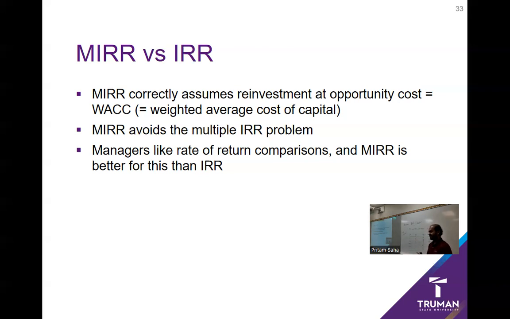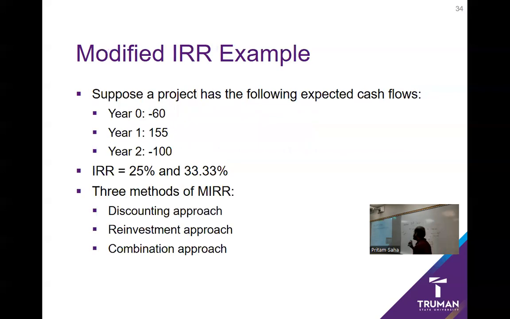In the three different approaches, the modified IRR is a little bit different, not much, right? But the good thing is that we have one IRR. Now we can make the decision, accept or reject. We have one IRR, not two. Make sense? Any questions so far?